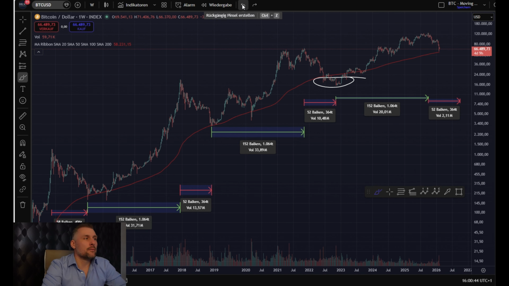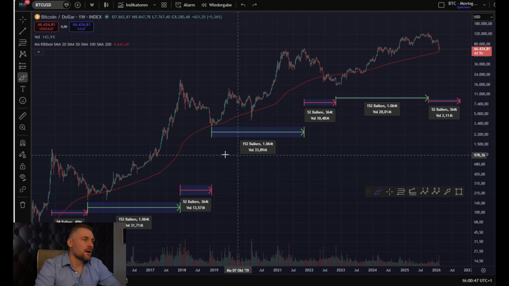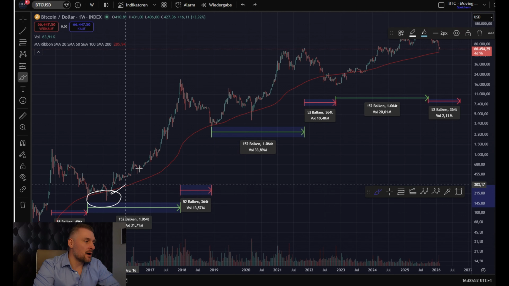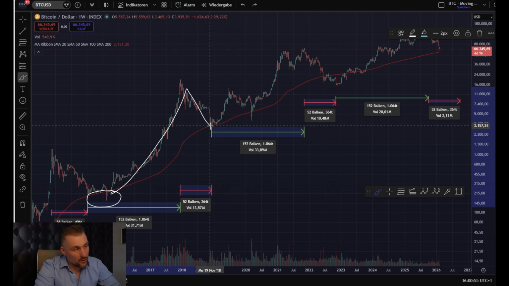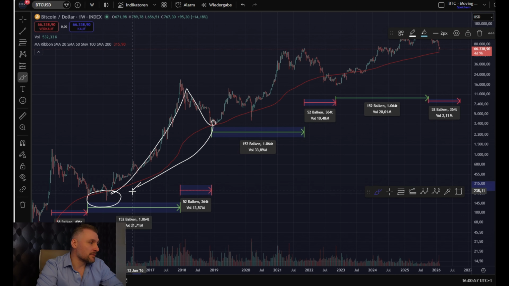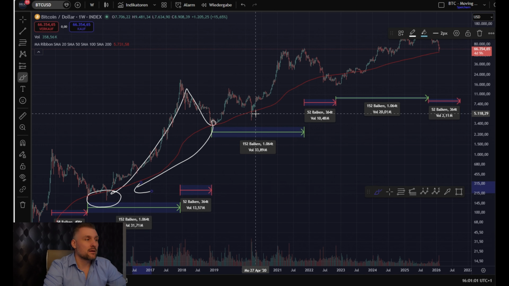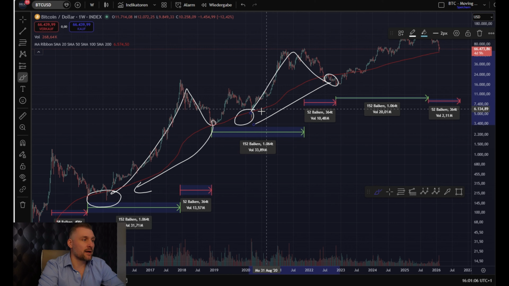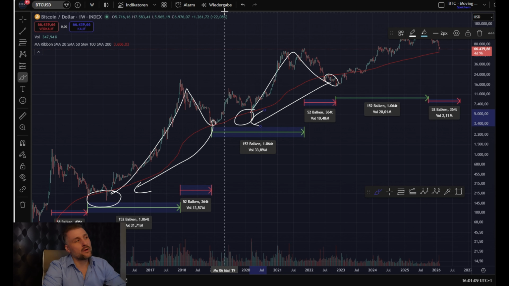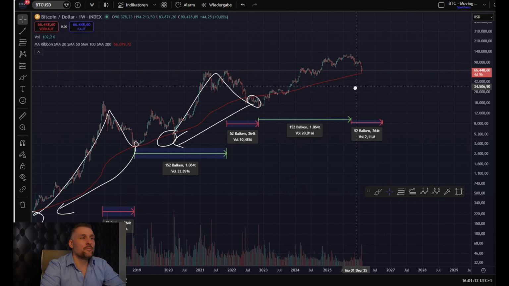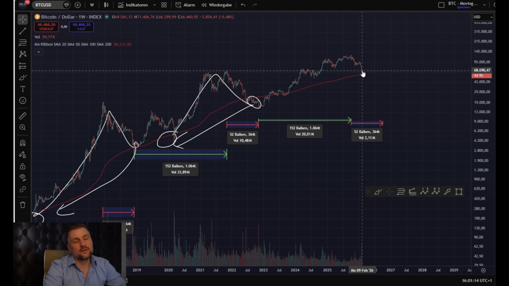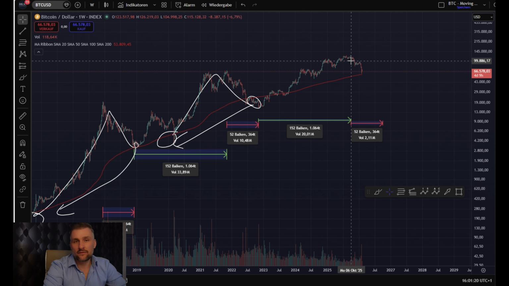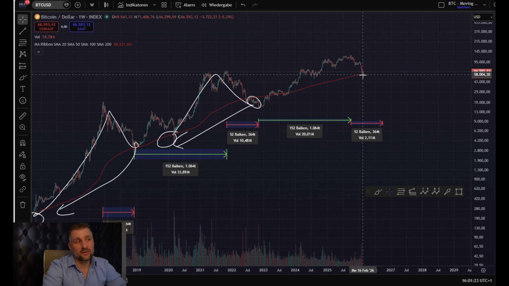And what's really interesting here is every time Bitcoin went below this level and went back up, it never went back to the level from previous markets. Like here, shoots up, comes down below, but never went back to this level here. So now we can assume if Bitcoin is currently above the 200-week moving average and we entered a corrective phase, we may see Bitcoin below this level pretty soon.